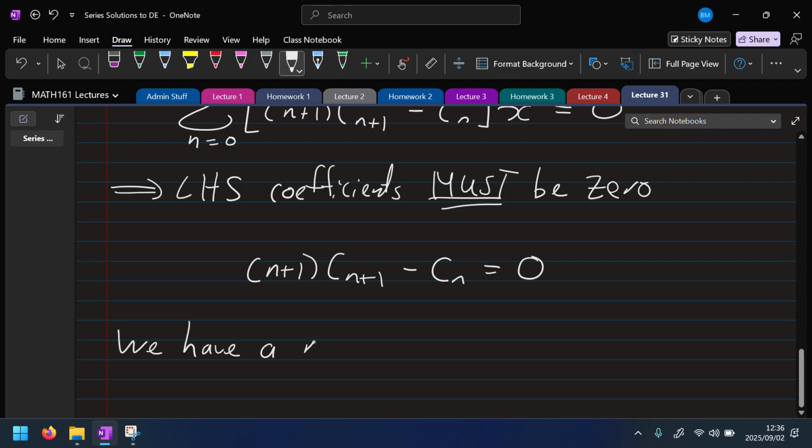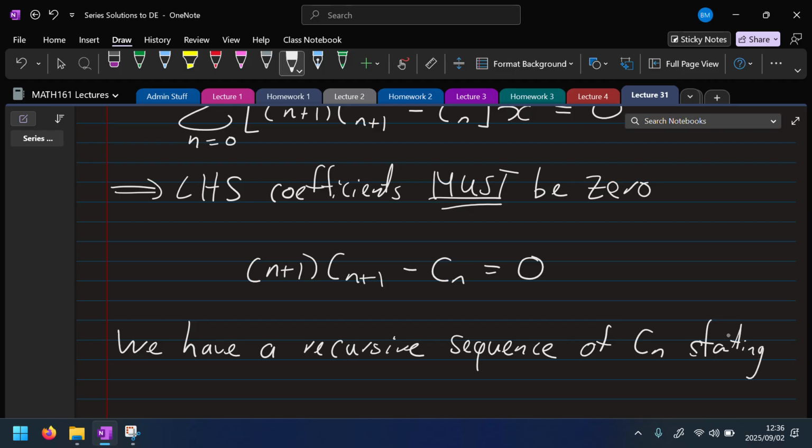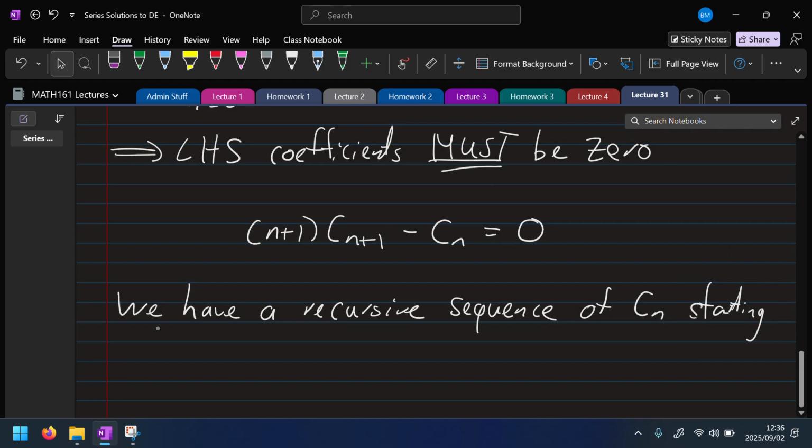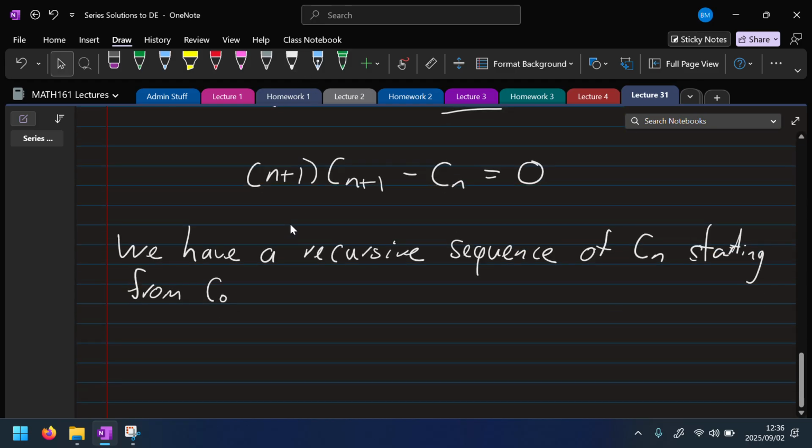So we have a recursive sequence of Cn starting from C0. Okay. And it's exactly the same as those sequences we looked at previously. Okay, now how do we solve for them? Well, exactly like what we did last time. We start with C0, and then we try to find C1.